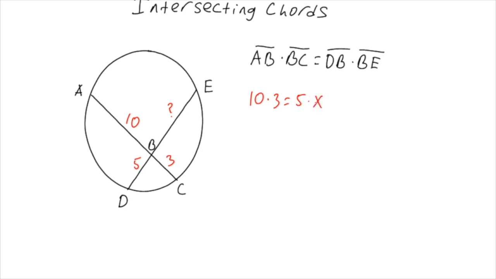So we'll call it x. So 10 times 3 is 30, equals 5x. Divide both sides by 5. So x will equal 6.